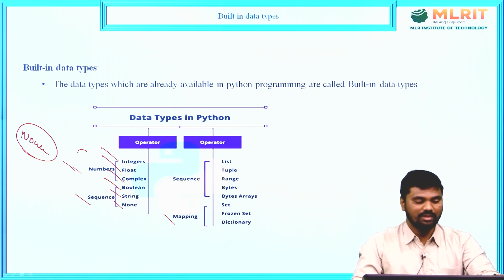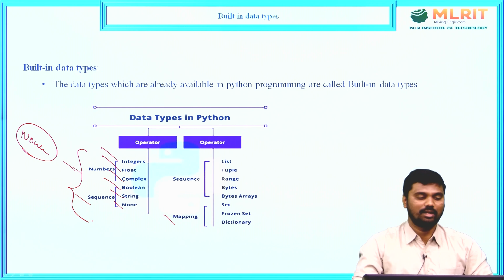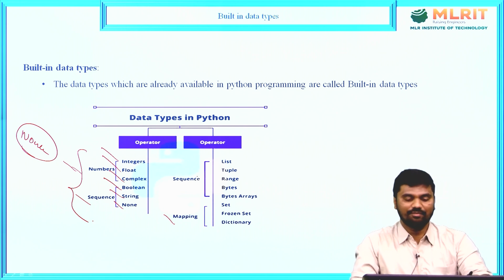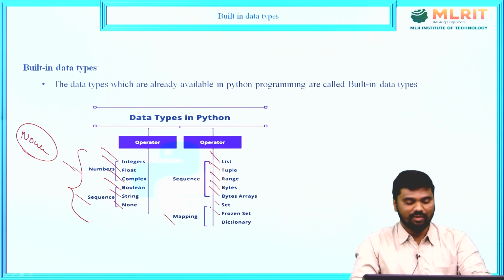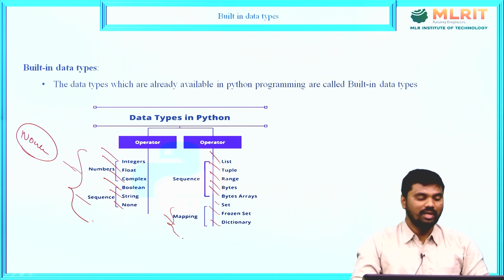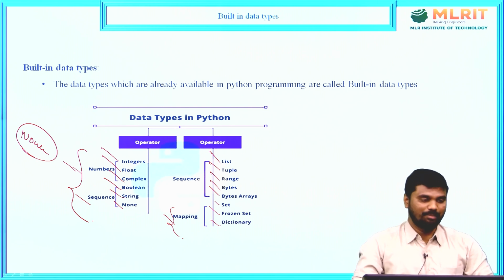These are all the basic built-in data types in Python. Another sequence classification here is list, tuple, range, bytes array, and also set, and dictionary, which is the mapping. So the built-in data types are classified like this: first numbers, second sequence, and next mapping.